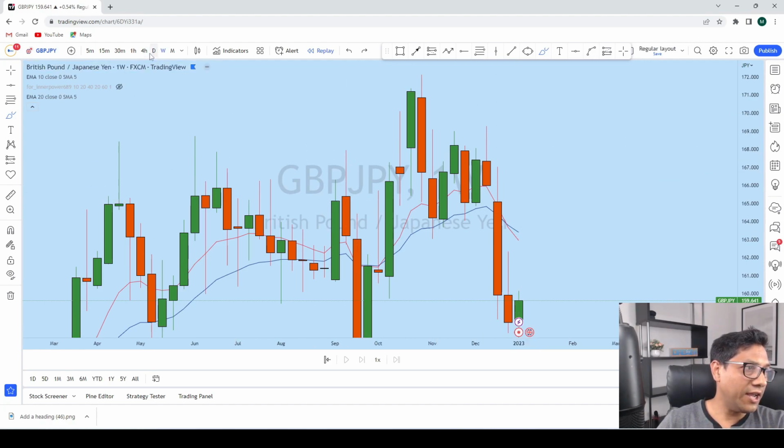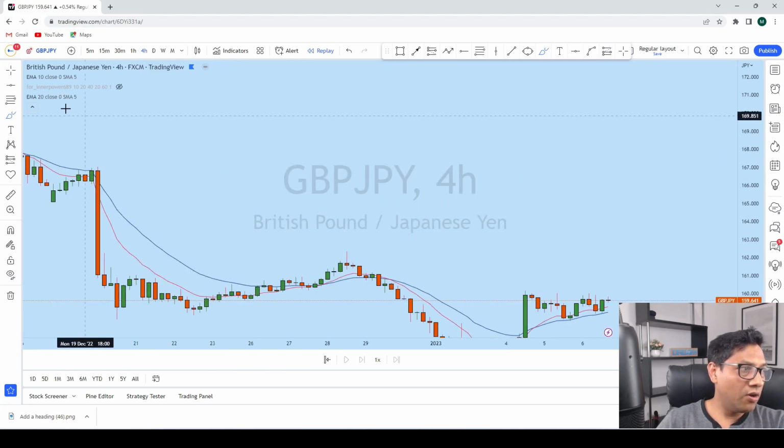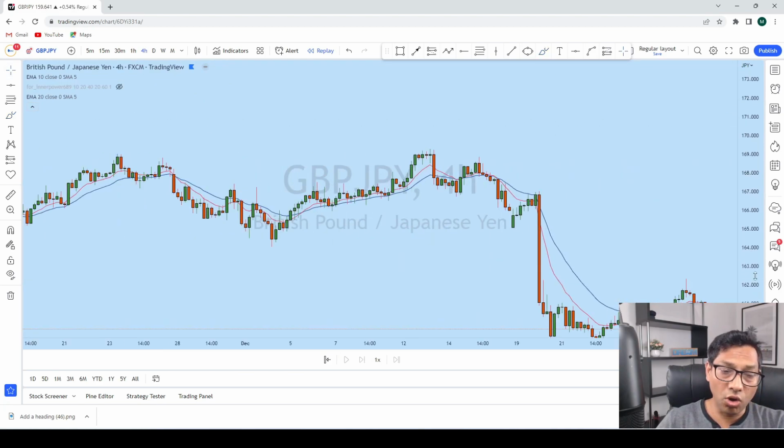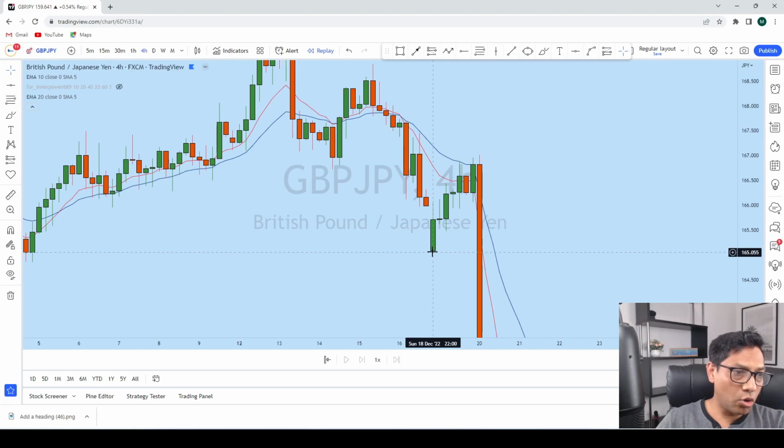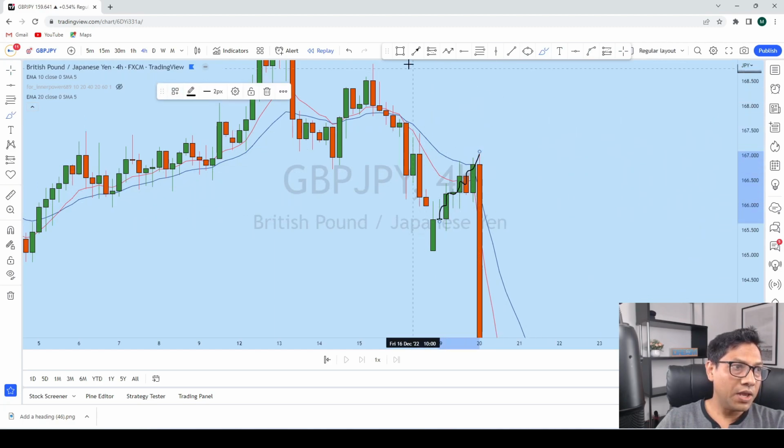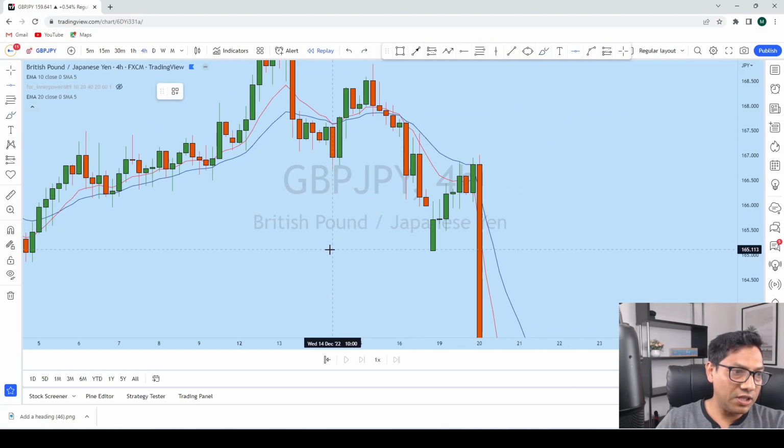So if you look again at the lower time frame, let's say the 4 hour time frame or even lower, the market opened with this weekly bullish candle with this gap, and as you can see, every time the price was going higher and higher. Now this is the opening of this market, right? This is the opening and this is the low.